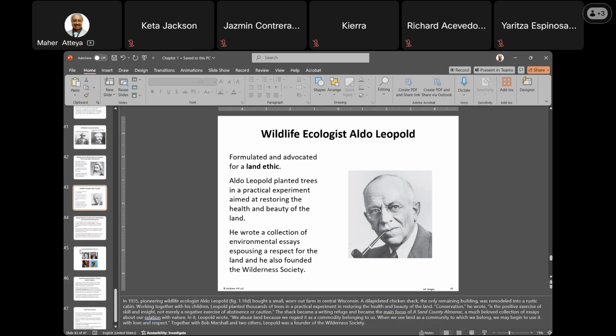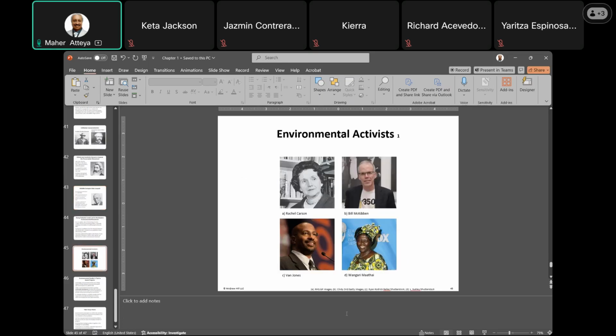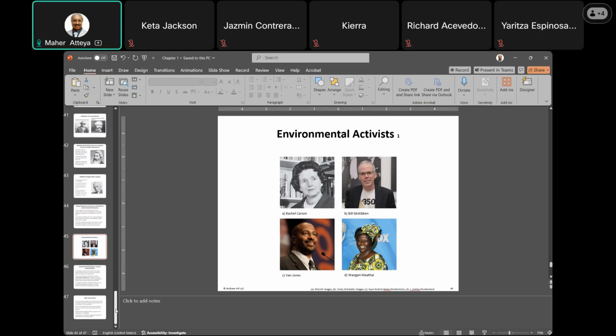Here we have a picture of other activists, and you can see those four activists. They really worked on sustaining the environment, and fought against air pollution, global warming and all the environmental damage.